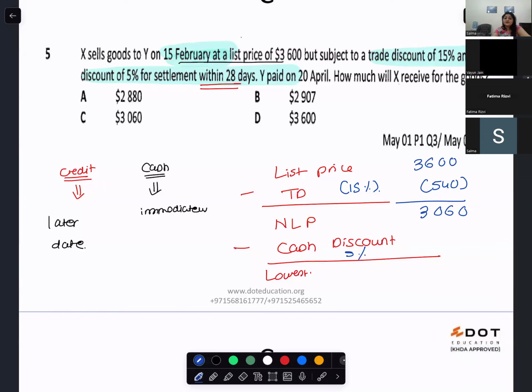When are you going to give this cash discount? Within 28 days. So when did he sell the goods? February 15. If I add 28 days to February 15, what date does he have to make payment by to avail the cash discount?